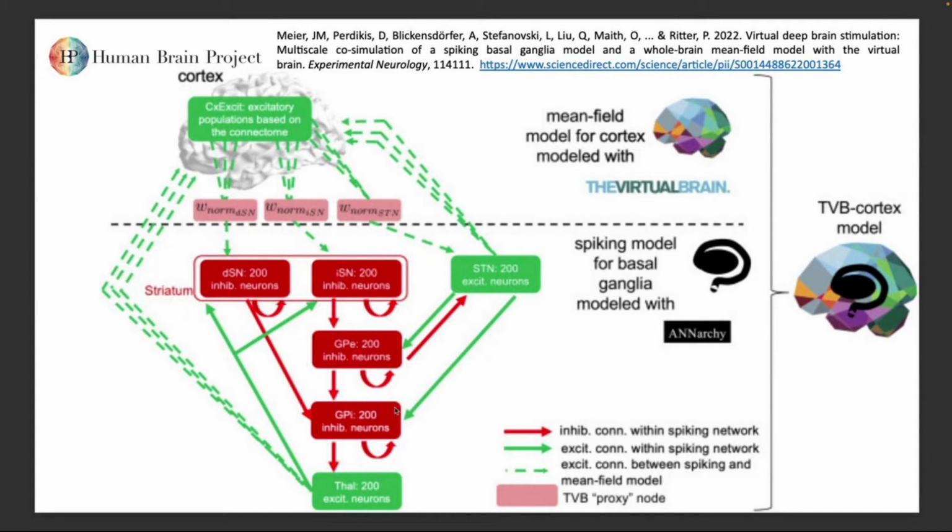And then we apply a kind of DBS, deep brain stimulation, to some of these populations in order to bring the patient network back to normal activity, where normal activity here means specific firing rates, mainly of the thalamus, because as you see, thalamus and STN are the main populations that output back to TVB.